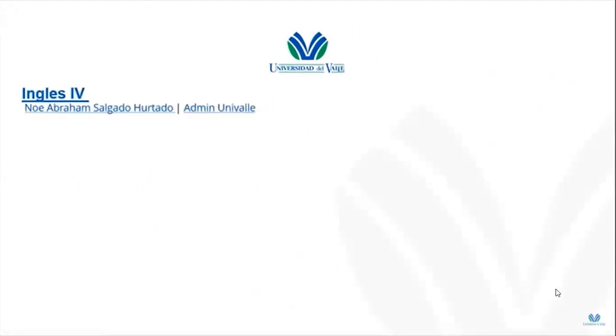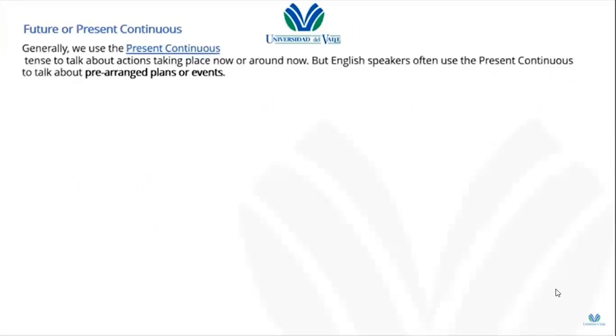Hello everyone, this is another class of our English 4 class. The topic that we're going to discuss here is future using the present continuous. Generally we use the present continuous tense to talk about actions taking place now or around now.